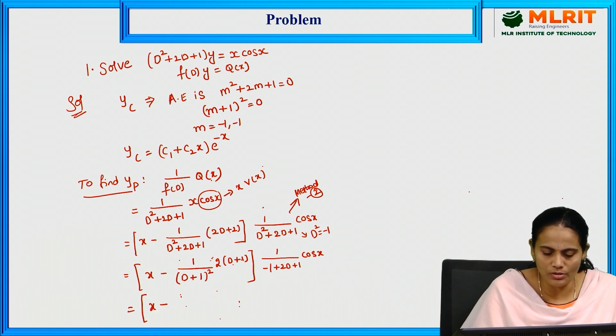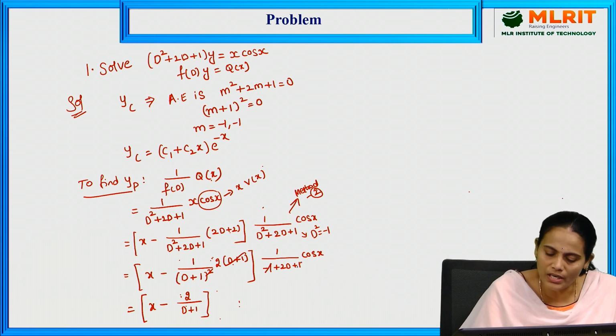X minus, so here you can cancel with one time, 2 by d plus 1 into, so here the minus 1 and plus 1 is cancelled, 1 by 2d into cos x.